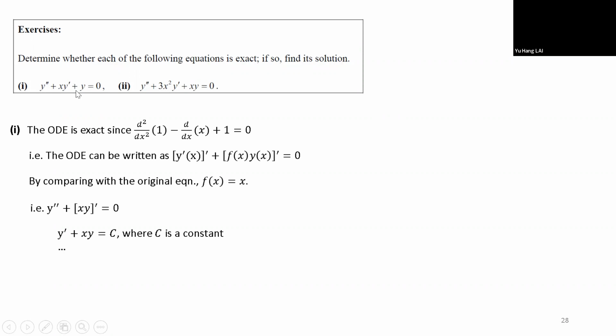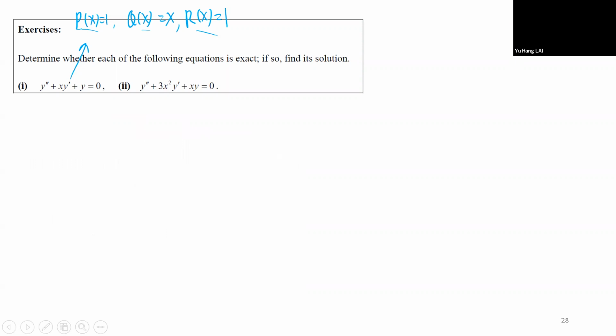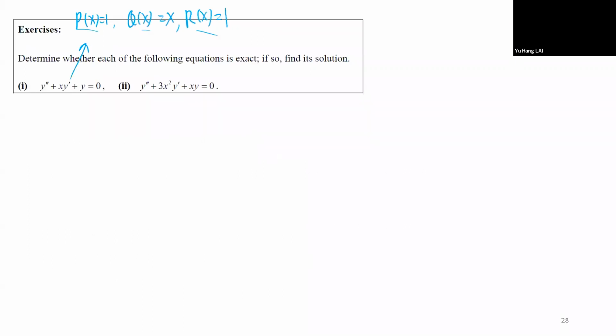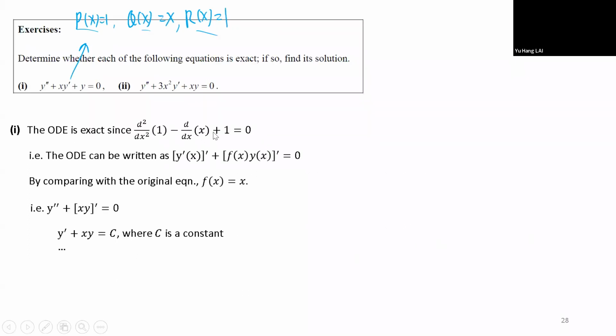For this case, my capital P is just 1, my capital Q is x, and my capital R is 1. So we take these 3 functions and do this test to see if it is satisfied. And indeed, it is satisfied.